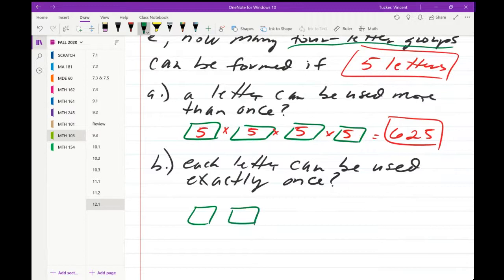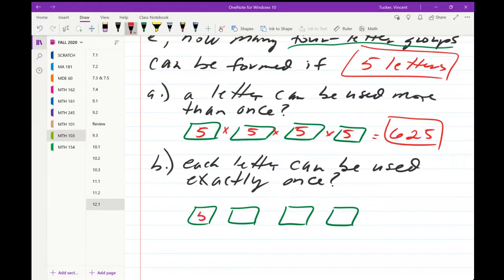Remember, what goes in the box is how many choices you have for each category.